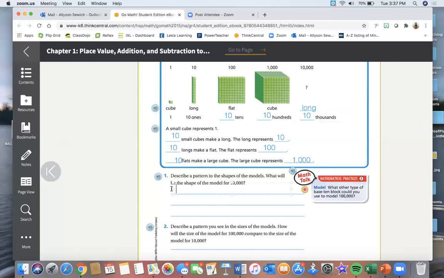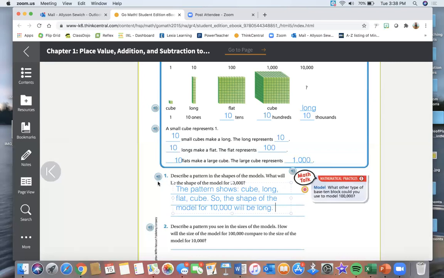So I'm going to write here for you guys. The pattern shows cube, long, flat, cube. So the shape of the model for 10,000 will be long.